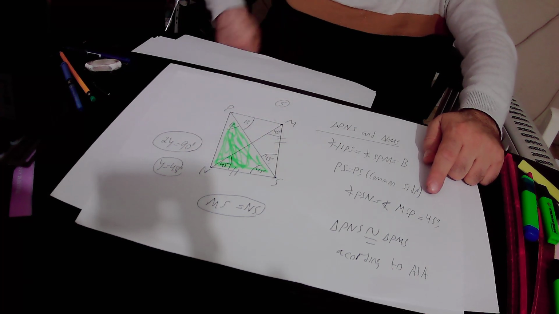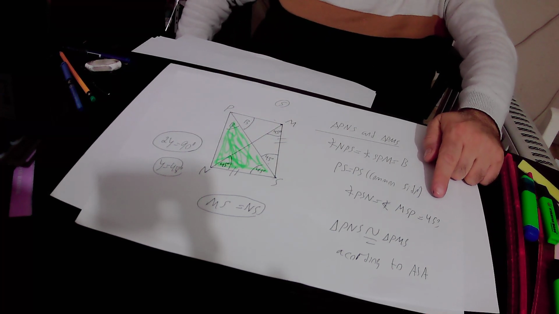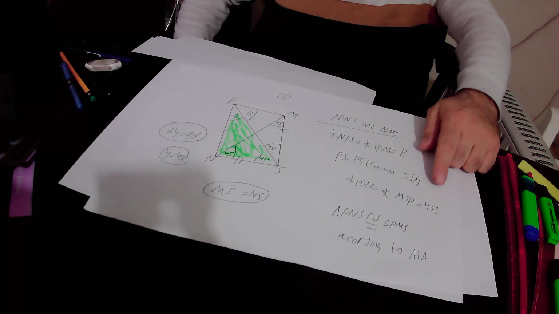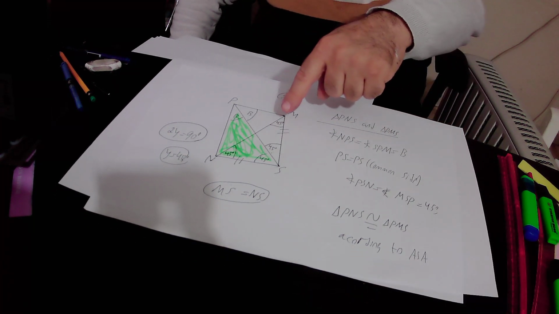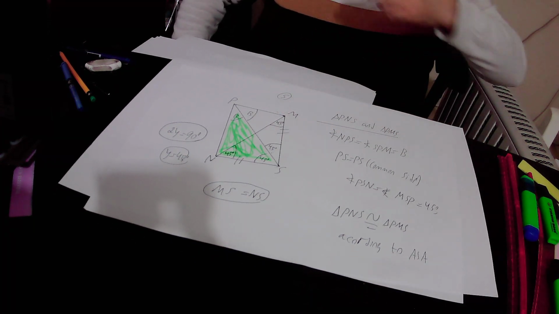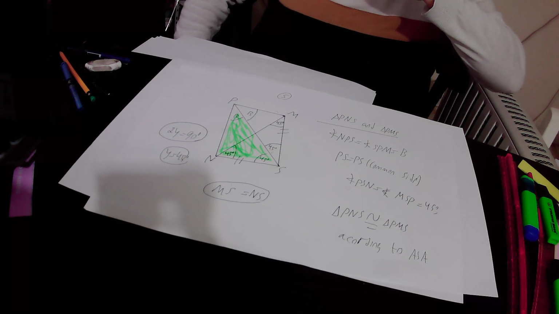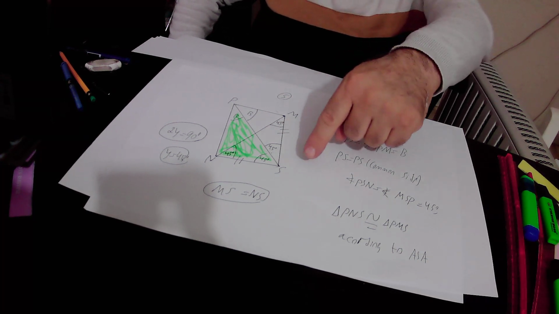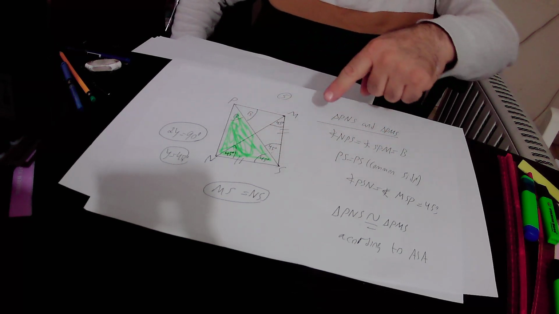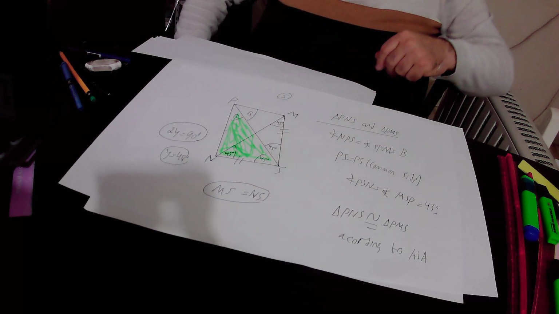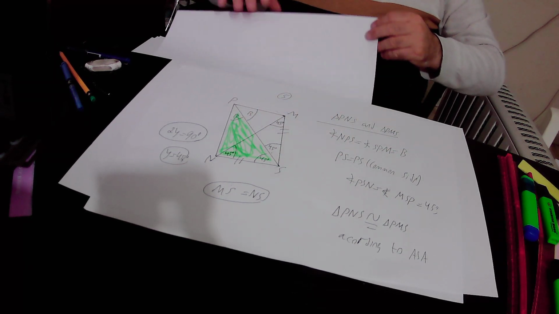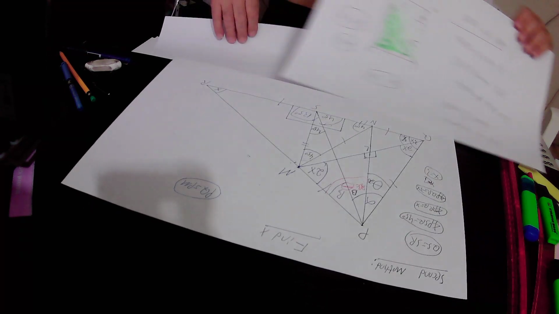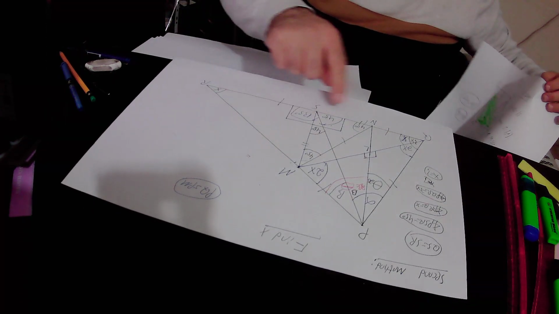So angle PSN equals angle MSP equals 45 degrees. So we proved that the green triangle is congruent to the right triangle according to the angle side angle rule. And from the fact that they are congruent to each other, we conclude that MS equals SN.